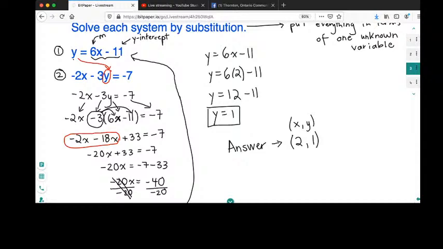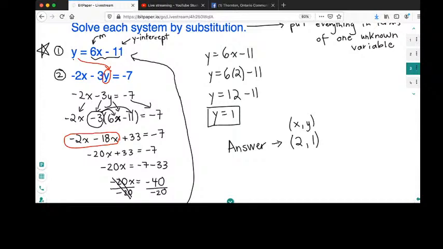So before we move on to the next question, what we're going to do is kind of reiterate what we did for this question, okay? So over here, looking up here, I labeled each linear equation as 1 and 2, and in this situation, I already had one of my variables by itself and equal to the rest of the problem. If I did not have that, I would have to isolate. And we're going to do a problem in a second where we are going to isolate.